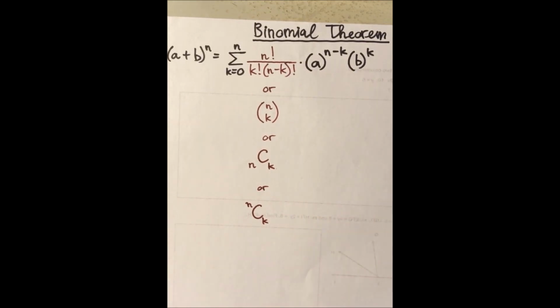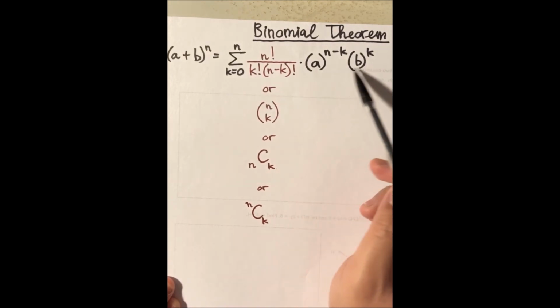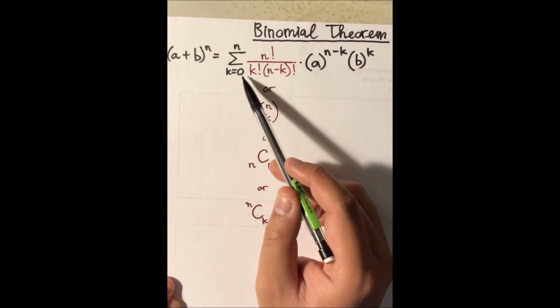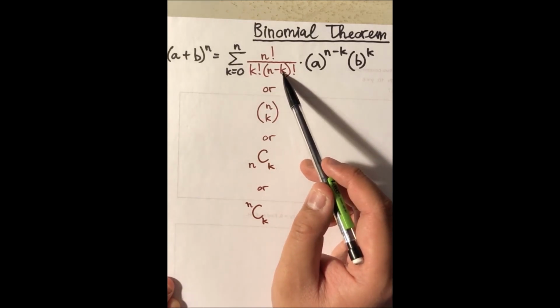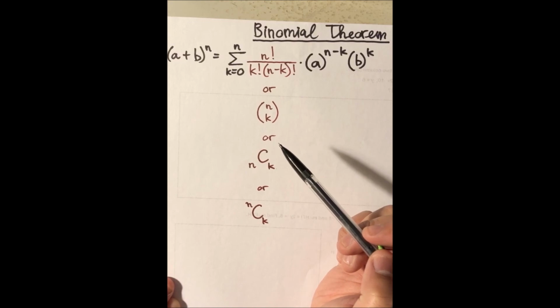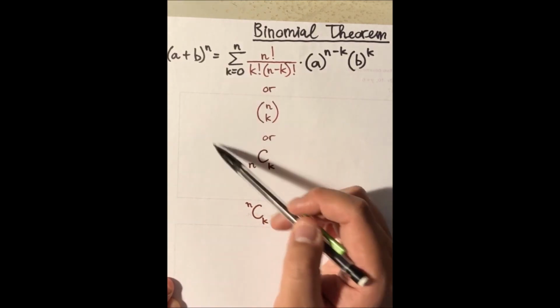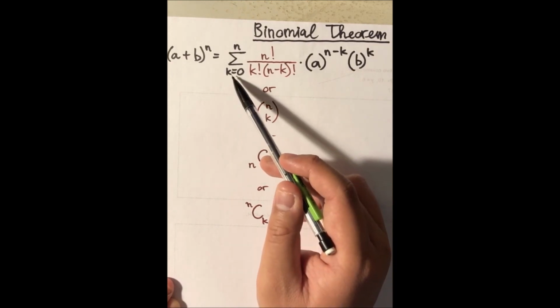And the way you use your binomial theorem to expand your binomial expression is that you're going to take this entire product and you start out with the lower limit of summation k equals 0, and you replace all of the k with that value 0. And then because this is summation, you have to add this same product, but now k is going to be equal to 1.